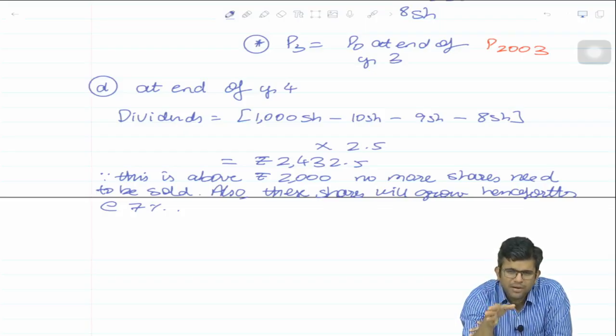We are not comparing 1 and 2 year. They are just asking you. Comparison was done only for the price. Here they are asking you, if the company goes for the new project, how you will maintain your girlfriend. That's the only question. I'm sorry, how will you maintain the dividends?